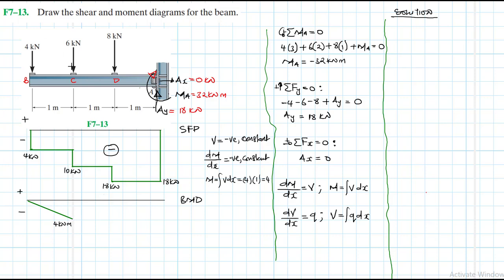Great. And then from C to D, our shear is negative again and constant. Therefore, we expect the slope of moment to be negative again and constant. And this magnitude is just going to be equal to 10 times 1, which just gives us 10.